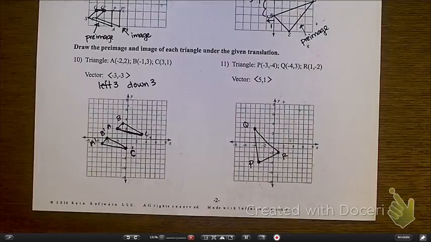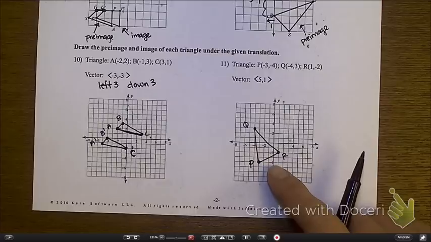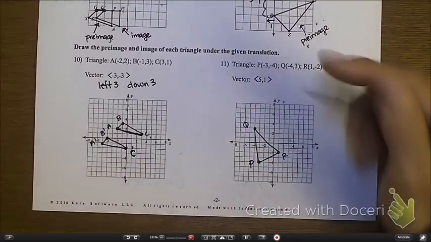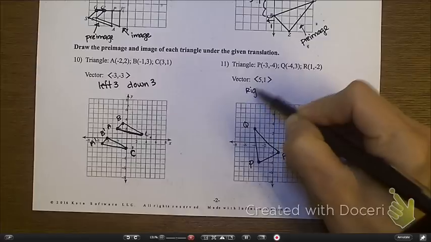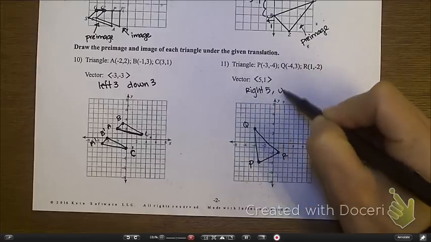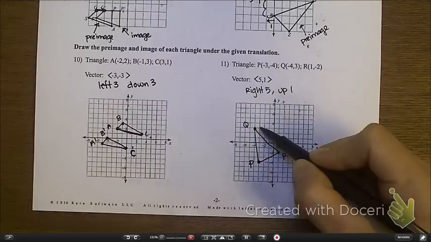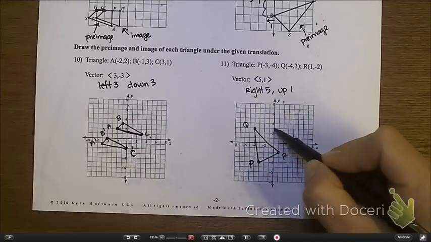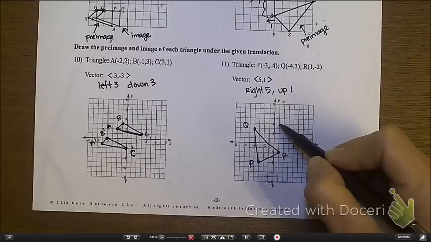Okay, so I've gone ahead and graphed the original triangle. So here is the pre-image. I'm going to apply this vector. This vector is telling me to go right 5 and then go up 1. So I'm going to go right 1, 2, 3, 4, 5, up 1. That's Q prime. Right 1, 2, 3, 4, 5, up 1.